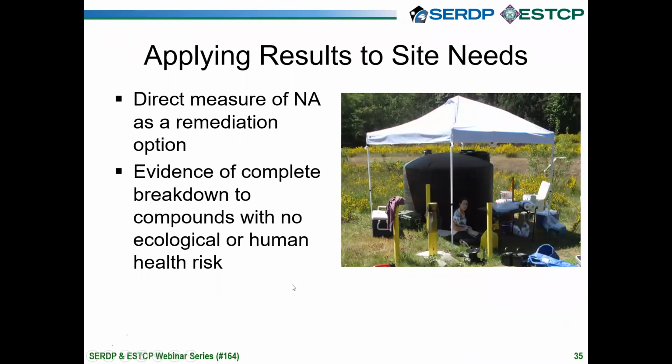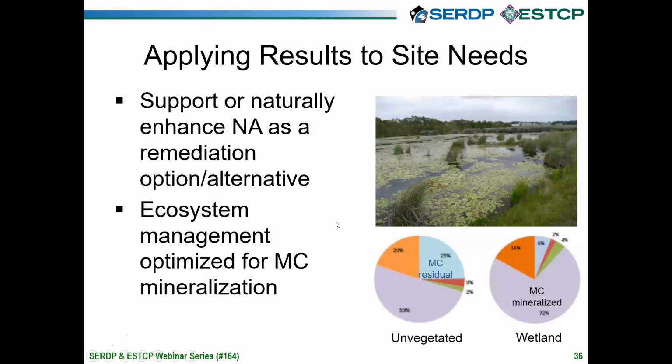And so this is important because, you know, regulatory agencies, in my experience, for natural attenuation to be considered, you're looking for multiple lines of evidence. They're looking for loss of parent compound, they're looking for appearance of derivatives. But to be able to go in and say specifically, quantitatively, this is how much is getting mineralized under natural conditions is, you know, potentially a powerful third leg for that stool.